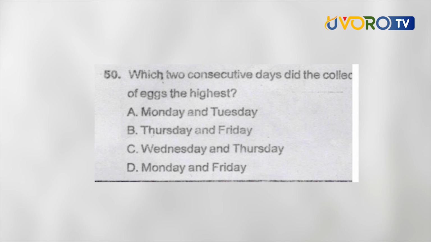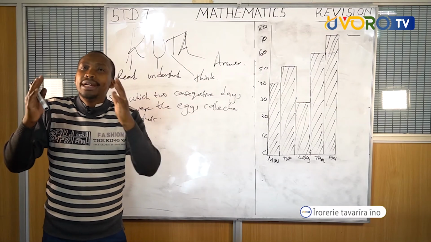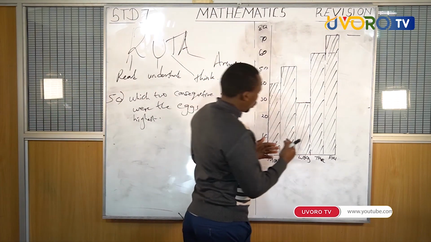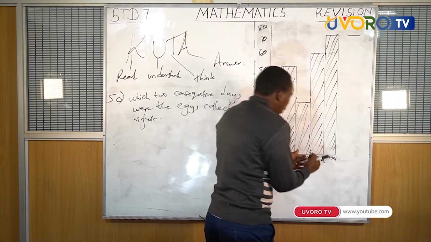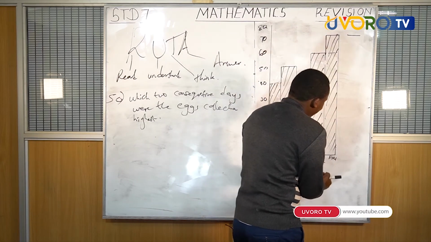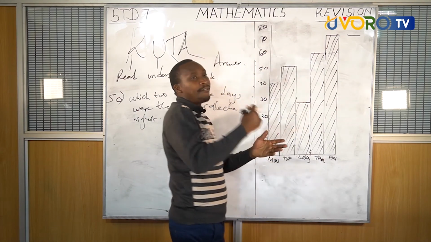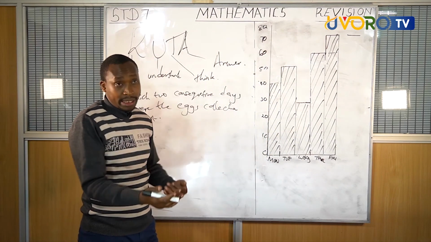Alright, this is a very simple sum. You see, some of you fail because you don't use your eyes properly. I don't know why. Consecutive days are 2 days following each other. Either Monday and Tuesday, Tuesday and Wednesday, Wednesday and Thursday, or Thursday and Friday. They are following each other, not Monday and Wednesday.